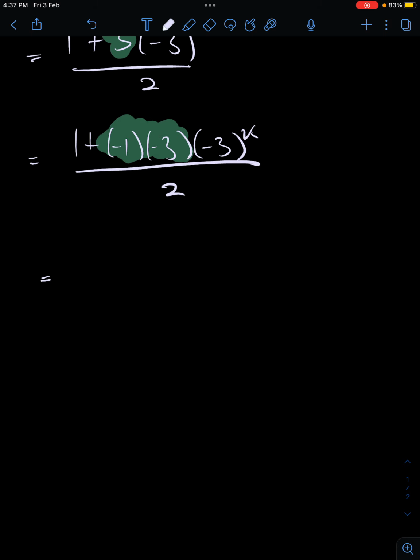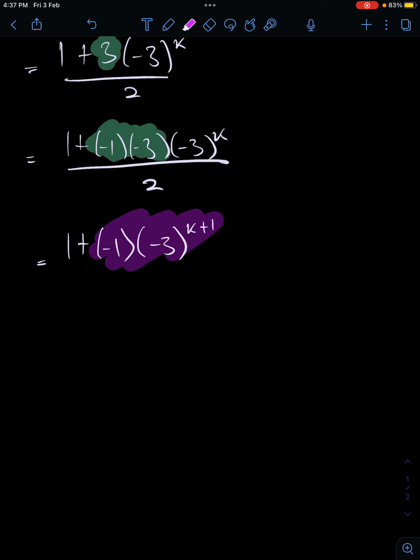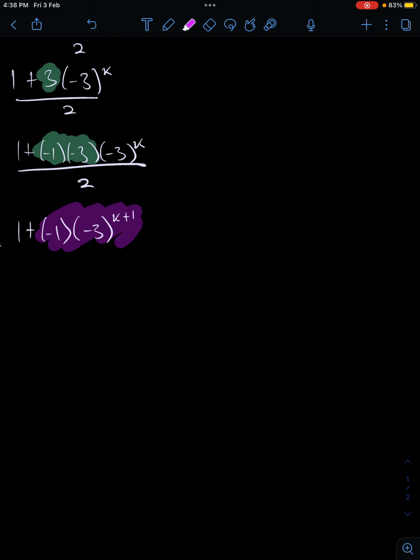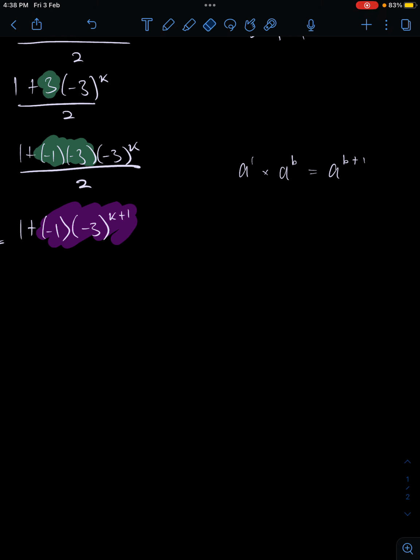This little section here is, of course, a result of indice laws in the case of a to the 1 times a to the b equals a to the b plus 1. Right? And that actually works for a instead of 1 is the correct way of writing it out, but we're just using 1 in our case anyway, so I'm not really going to bother rewriting it.